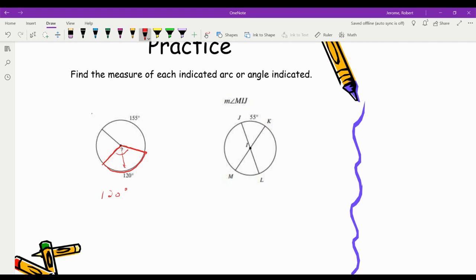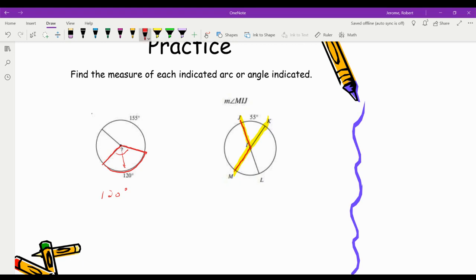In the second one, we're looking for angle MIJ. So we want to find it, MIJ. Now, one thing here, and we've done this question plenty of times, it just wasn't inside of a circle. Check this out. We have a diameter of a circle. Look at that yellow Y. Isn't that just a linear pair? So that means they're supplementary.